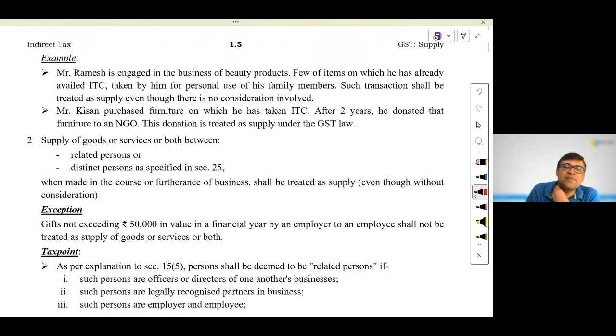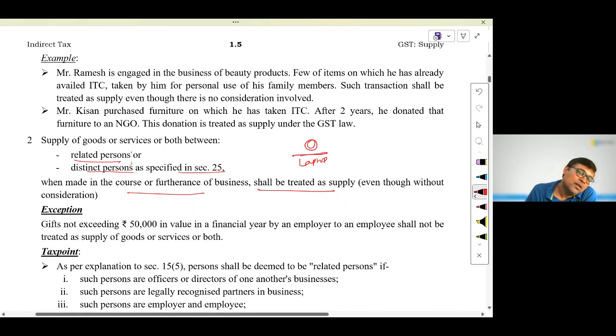Number two: supply of goods or services or both between related persons or distinct persons as specified in Section 25, when made in the course of furtherance of business, shall be treated as supply, even though there is no consideration. Generally, what happens? Suppose you are a businessman selling laptops.